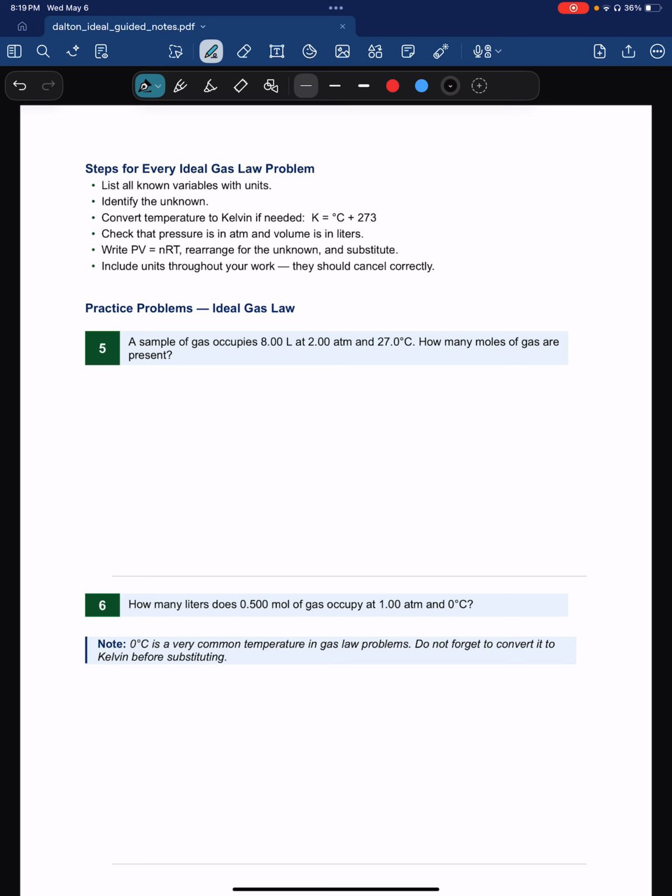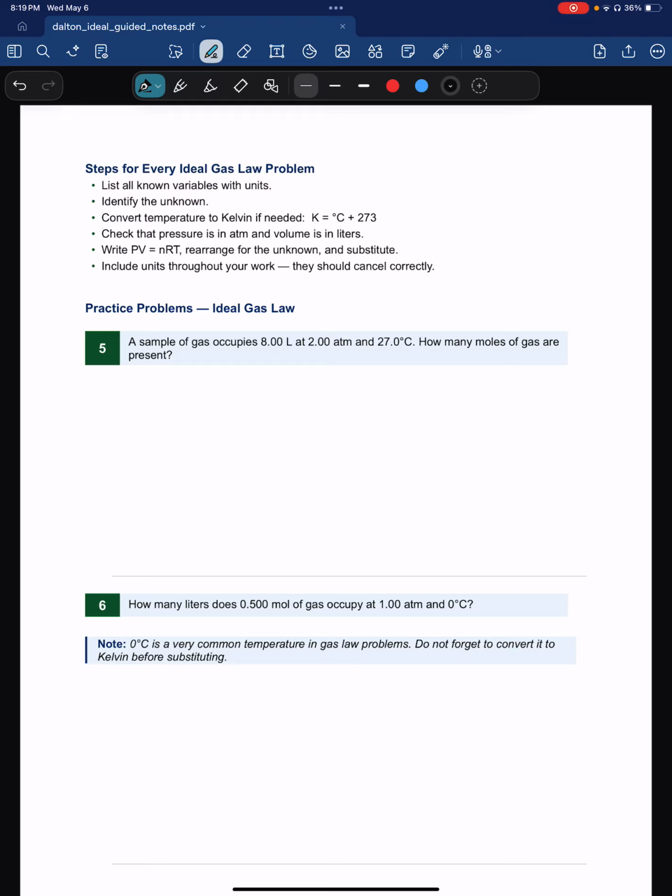I'm going to write out the ideal gas law and then rearrange it for the unknown before I substitute, and then I'll include my units throughout my work and make sure that they cancel correctly. These are the kinds of things that I want to see you doing as neatly as you can when you're doing assessments. So, to that effect, let's go ahead and start practice problem number 5.